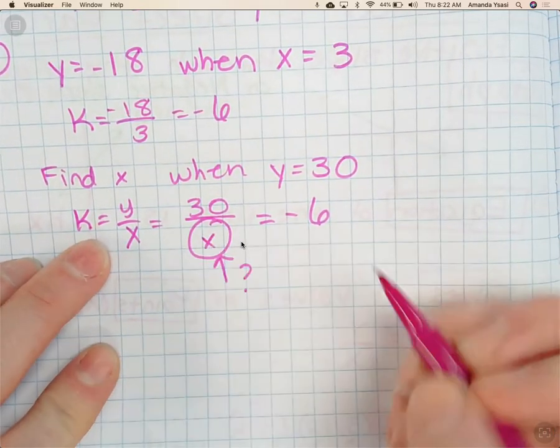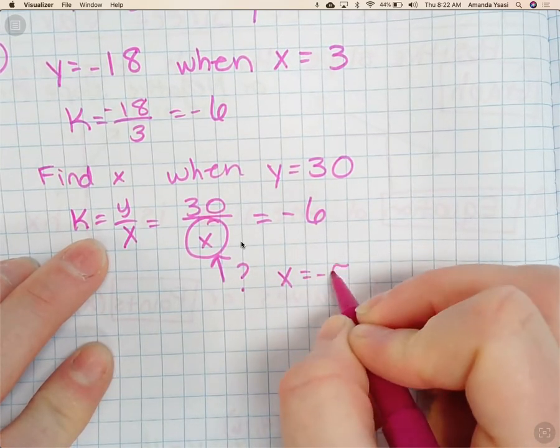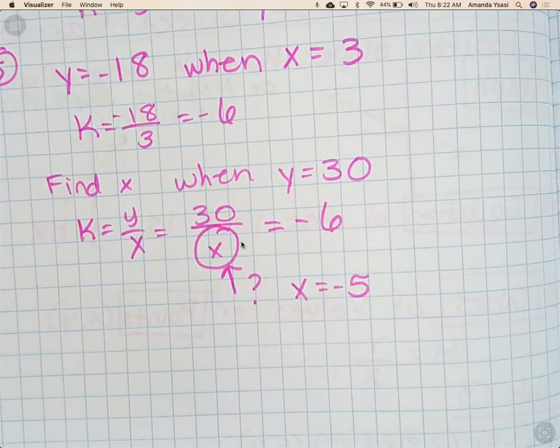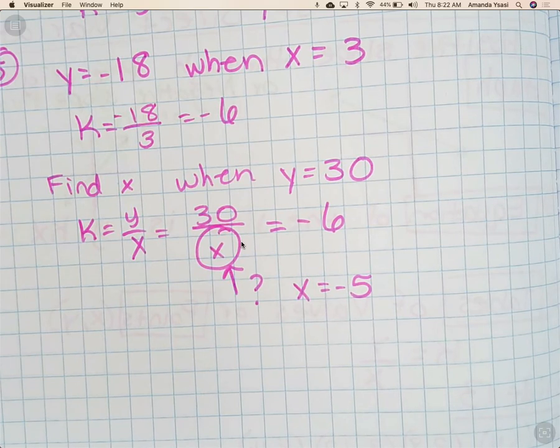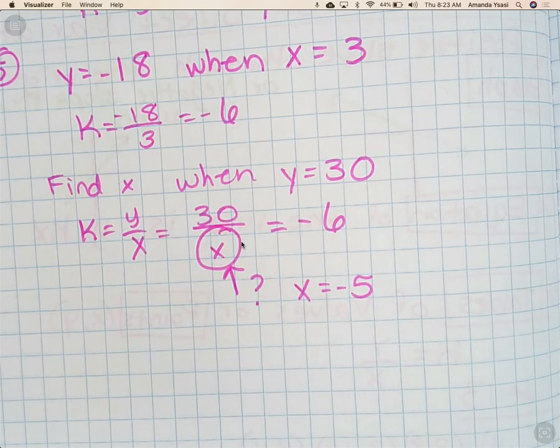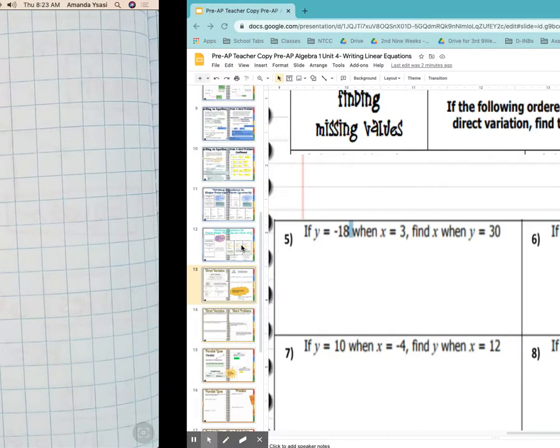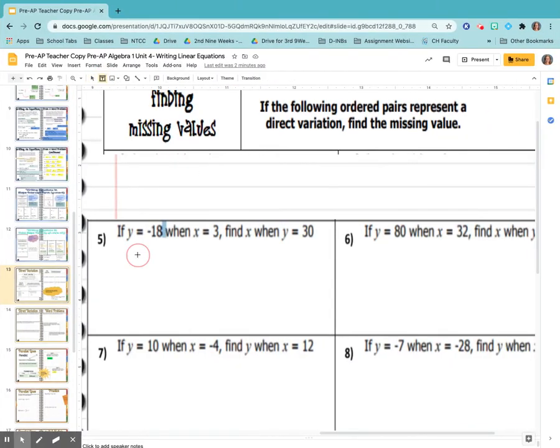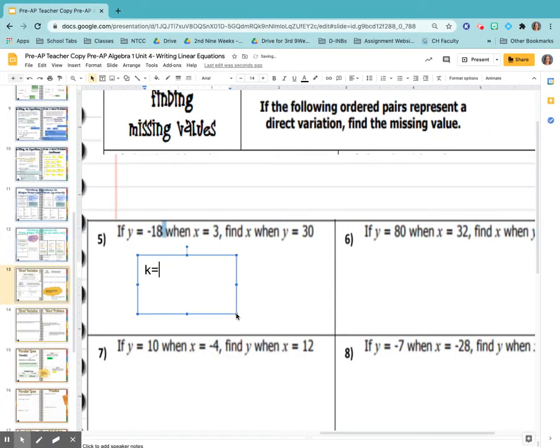This is our x. So x equals -5. So let's write what k is, and then we'll write what x is. And I'm going ahead and writing x equals -5 and y equals 30.